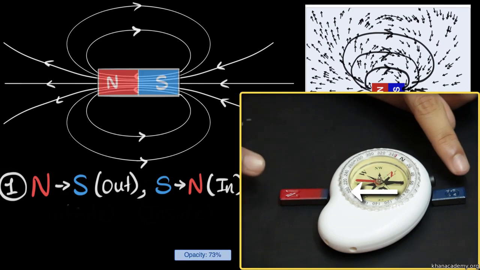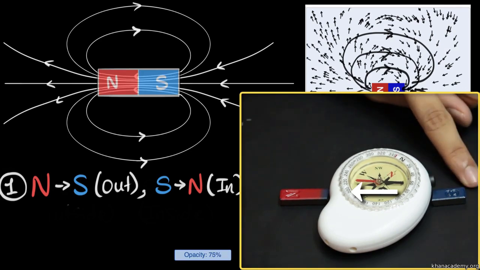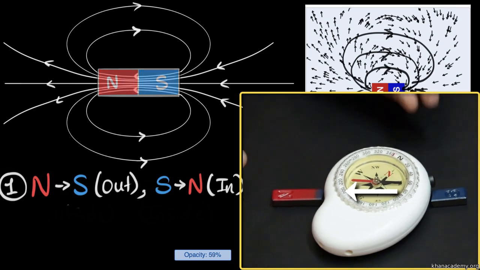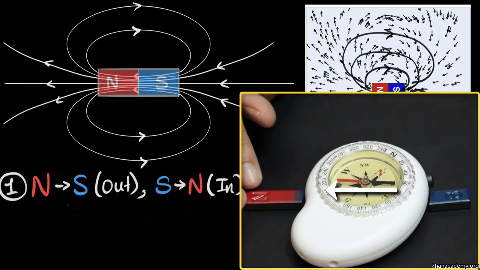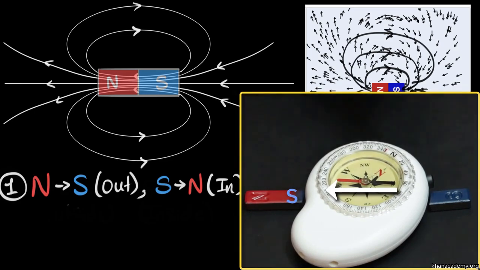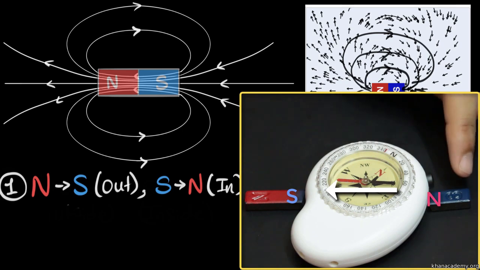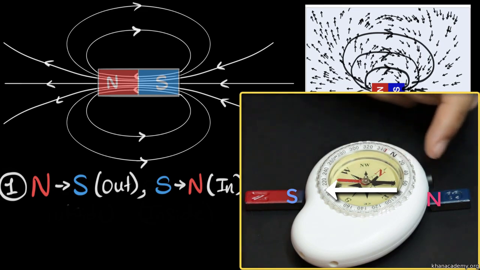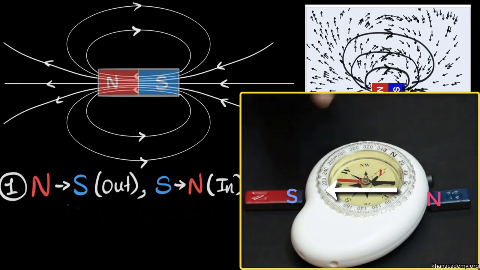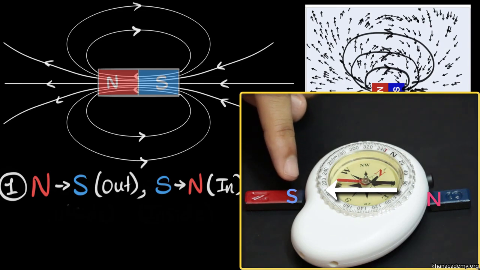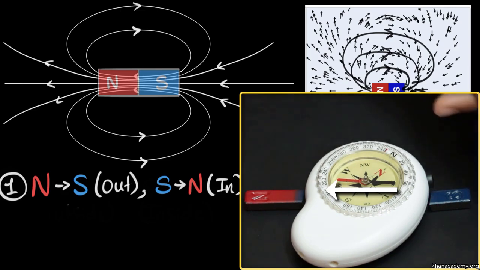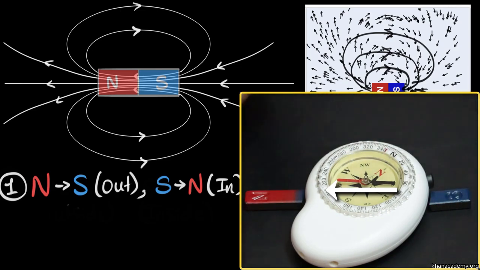Well, that's because when I broke open this magnet, I did not get a south pole and a north pole, but I got two tiny magnets, each having its own north and south. And just like always, this needle is being repelled by this new North Pole and being attracted by this new South Pole. And as a result, the magnetic field inside is from the original south to the original north.